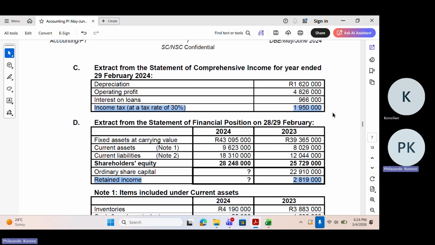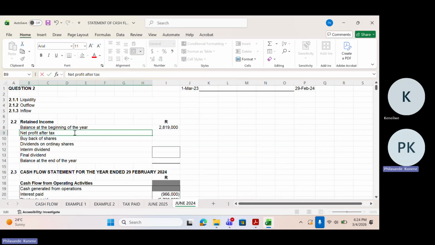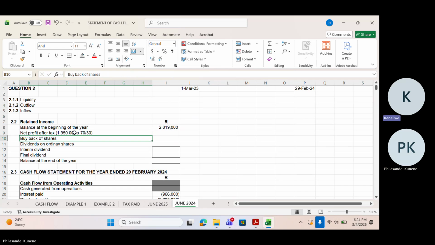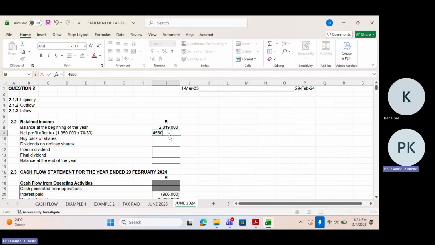Exactly, 70 over 30, because we're looking for the 70% already. This is the 30%, 1,950,000. So I'm going to say 1,950,000 multiplied by 70 over 30. And how much are we getting? 4,550,000. This is going to be our net profit after tax.